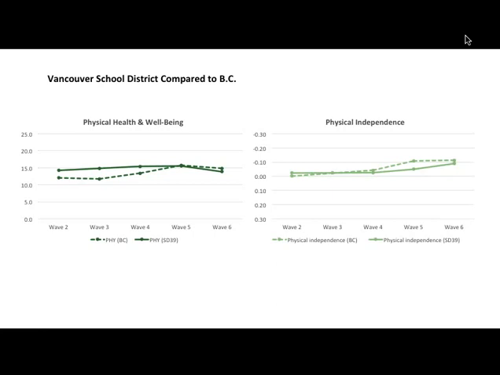again, we start off with the same scale graph that we had on the left, but now we're looking at physical independence, and you don't see that much of a difference. Vancouver is very similar to the rest of the province when it comes to physical independence.